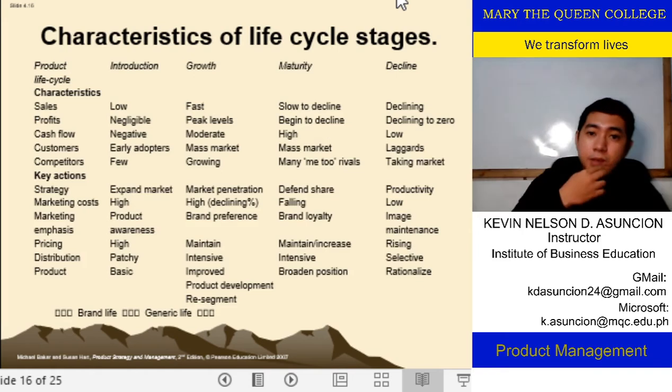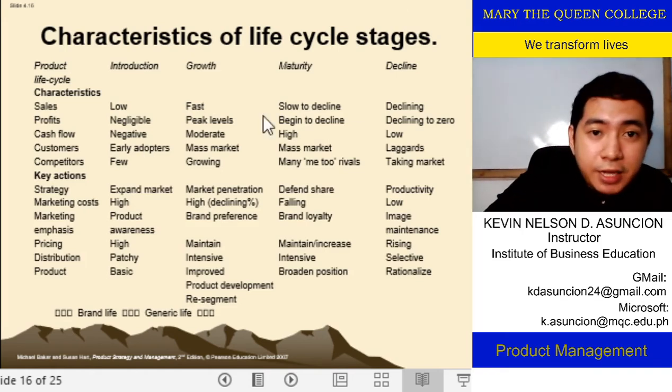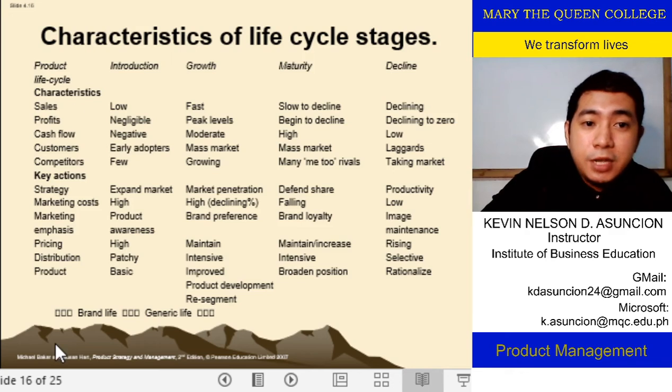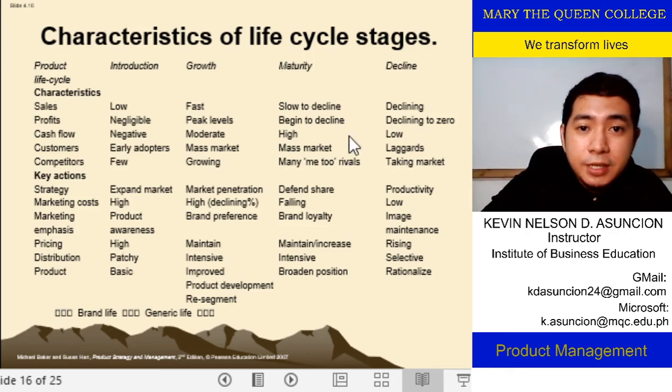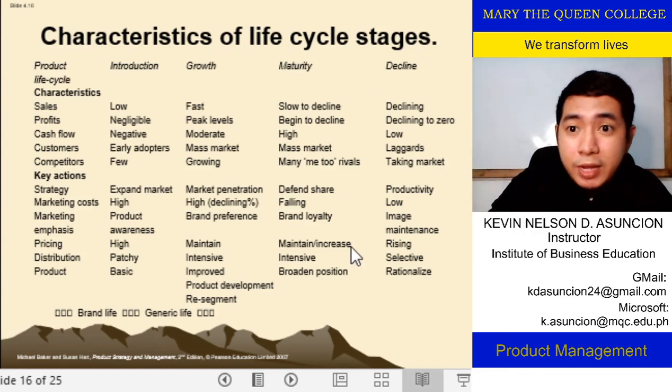Okay, so these are the characteristics of the life cycle stages. So please take note of this, and I'll be sending you the lecture about this, no? And we'll be having a case study about this and what shows this life cycle and what do you do next.